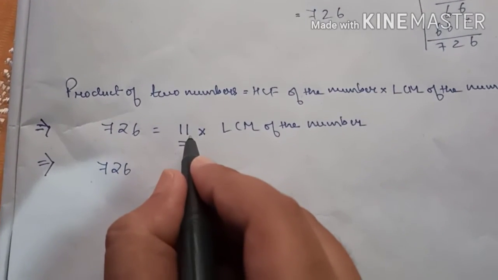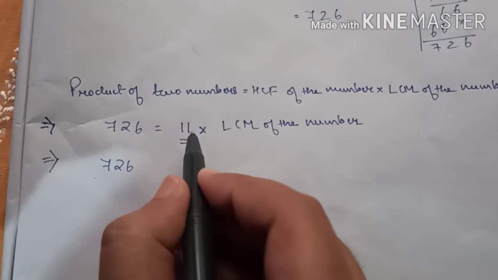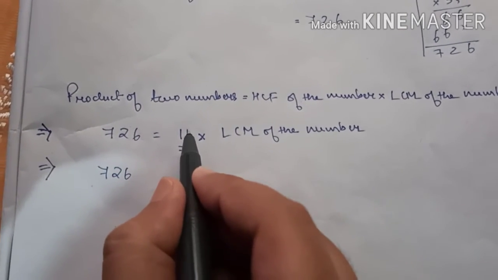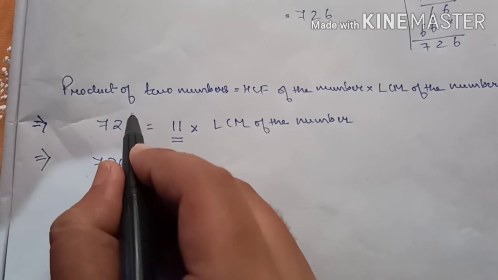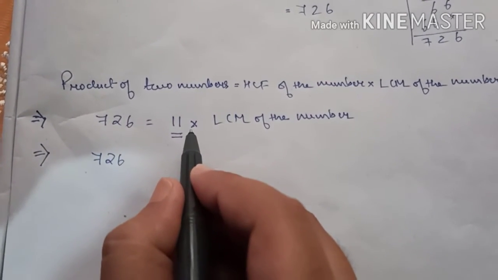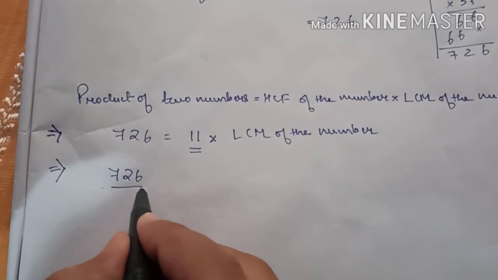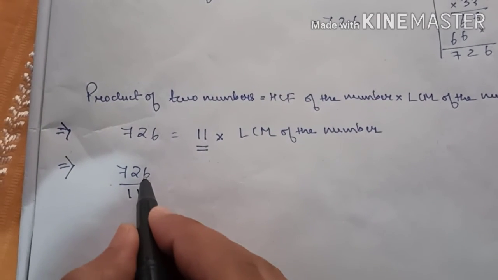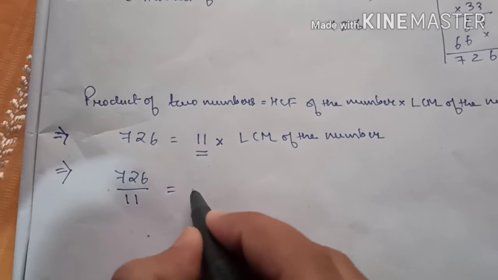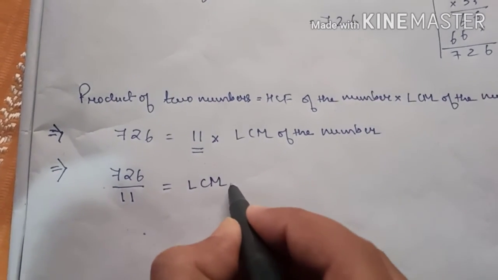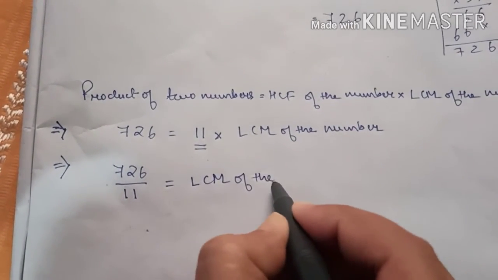So when a multiplied number goes from this side to this side, we have to change the symbol. So 11 will become divided by 11. 726 divided by 11 equals LCM of the number.